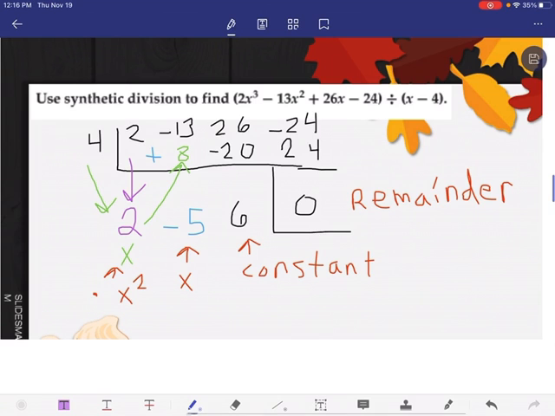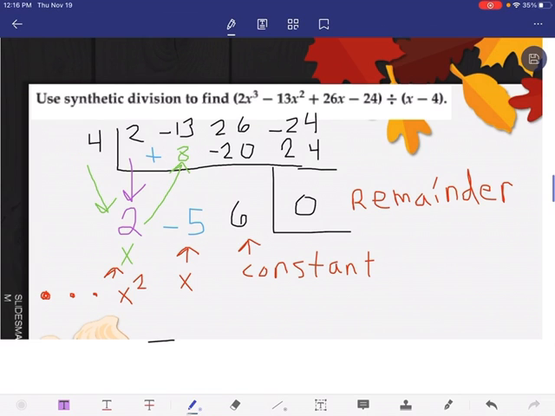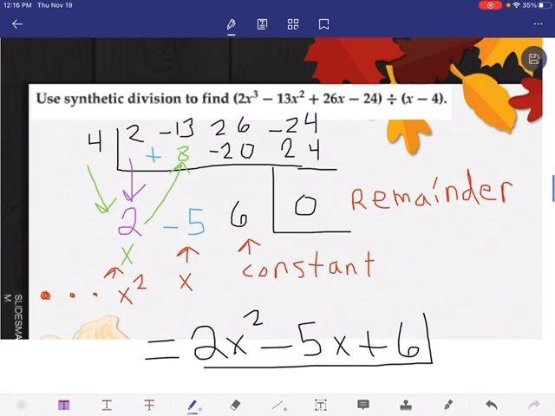And we would continue in a similar pattern if we had any more numbers. In this case, we don't. So we can write our answer as 2x squared minus 5x plus 6. Those numbers that we get as our answer become the coefficients of each of our terms.